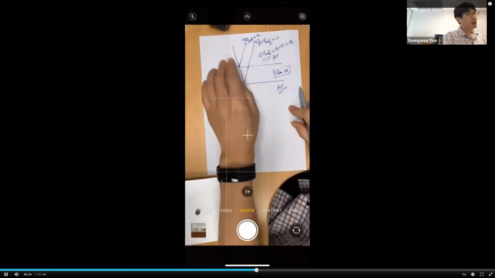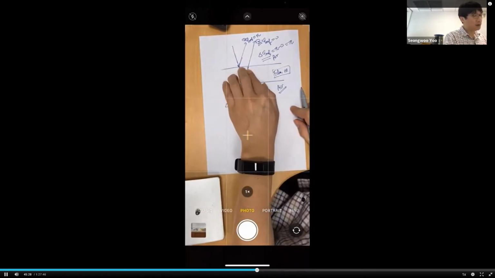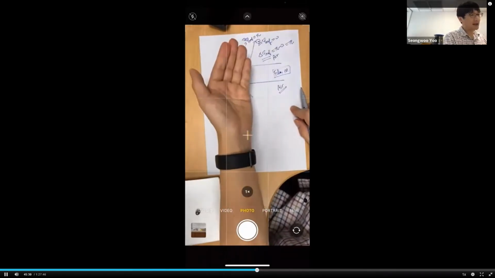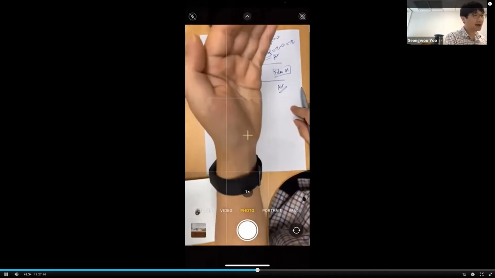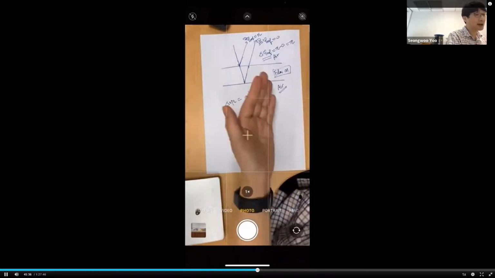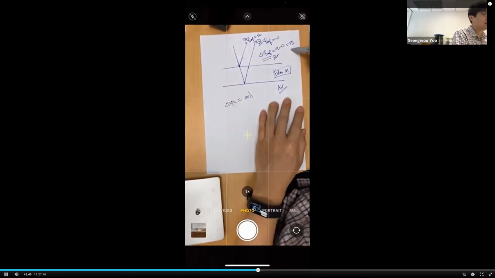So, without considering the optical path length difference, those two waves already have a pi phase difference. This pi phase difference corresponds to half a wavelength in terms of length.